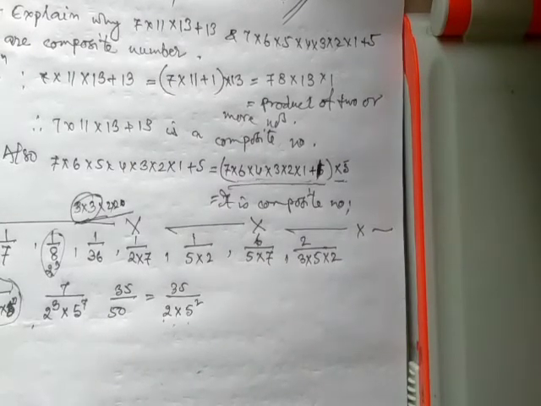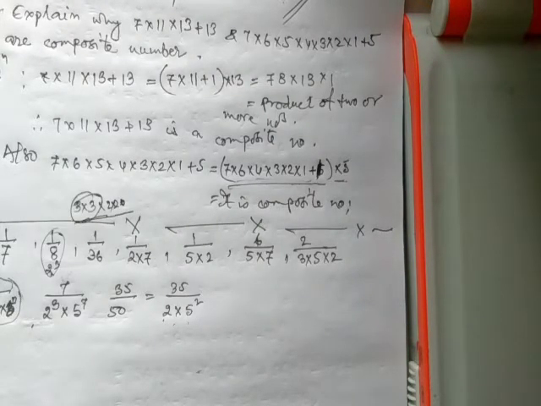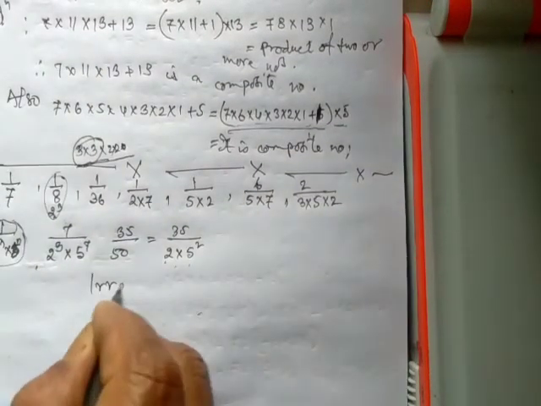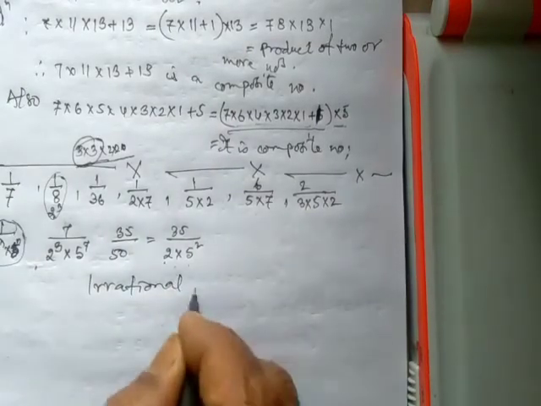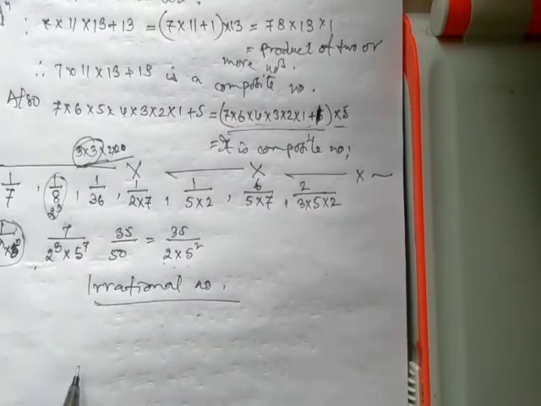Next, we have come to irrational numbers now. Towards the end, irrational numbers.